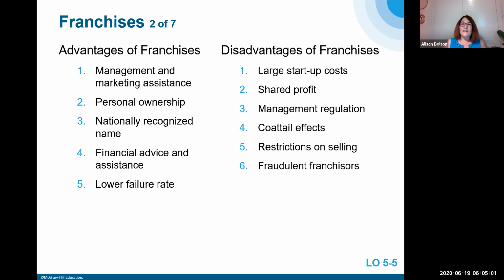They can't do anything else but sell that insurance and only the kinds of insurance that they have available. And you will always have fraudulent franchises who are trying to take advantage of what they have to sell. It just happens.